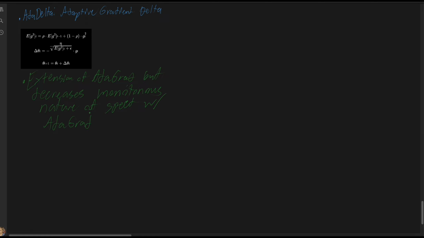Instead of summing up all past squared gradients, AdaDelta restricts the window of accumulated past gradients to a fixed size.